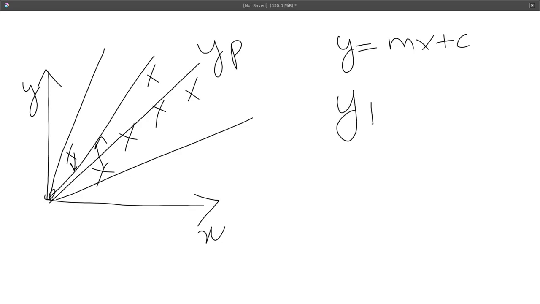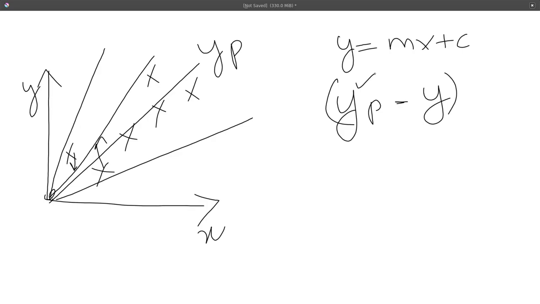So we are finding the distance between y predicted and y, and we are using this as the quantity that would tell us how good the line we are currently fitting is.